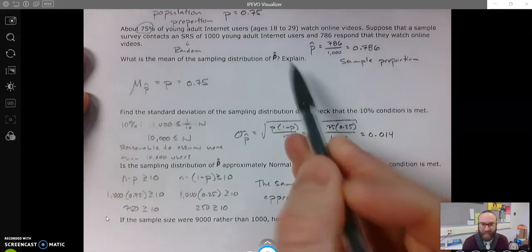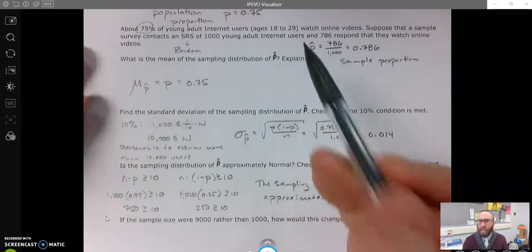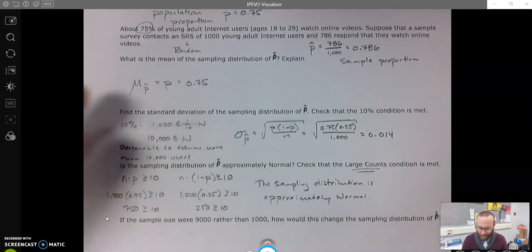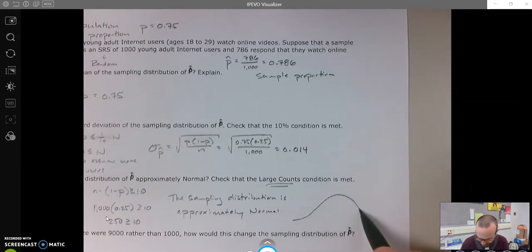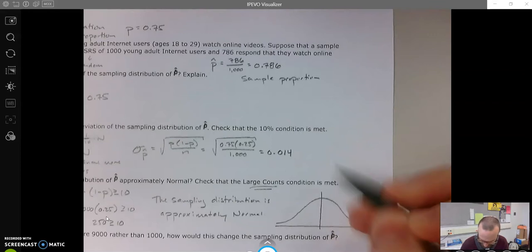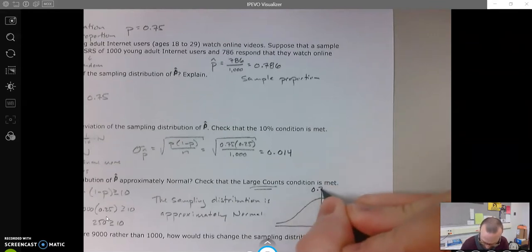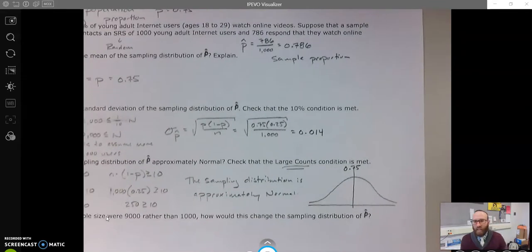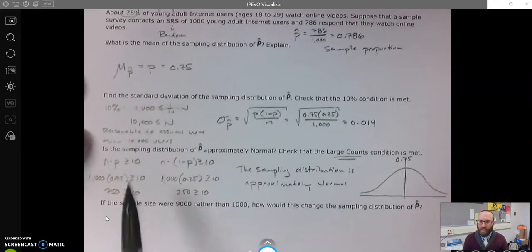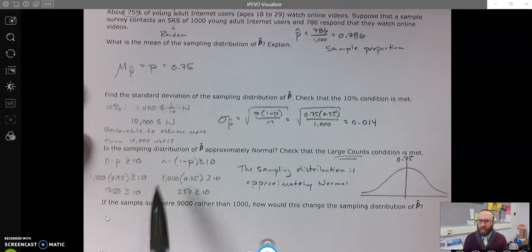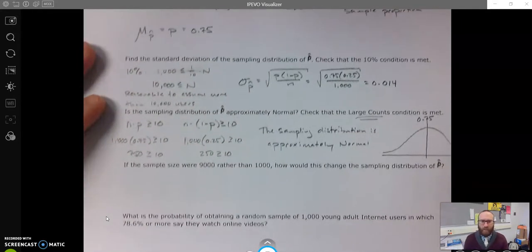What that means is that every time I took a sample, as we made one of those dot plots, as we filled that in, it's going to look like our normal curve does. And what we will know is that it's going to be centered at our mean, which is 0.75. So all that stuff that we learned about earlier in the year with normal curves is now going to apply because it's going to have enough successes and enough failures.